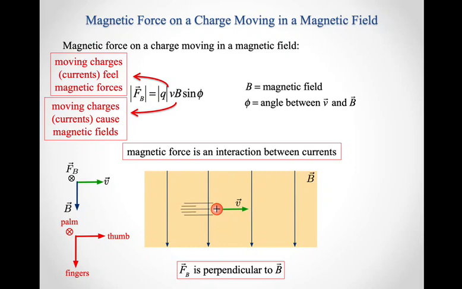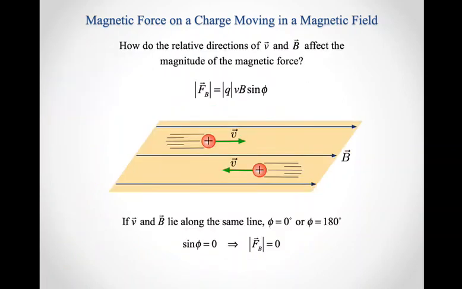If my moving charge is negative, then the magnetic force will be in the opposite direction as the direction my palm is pointing. So it's one additional little detail that I'm going to need to keep track of in terms of figuring out the direction of the magnetic force that acts on my moving charge. The more important detail to make sure we all understand, of course, is that the magnetic force is still perpendicular to the magnetic field.